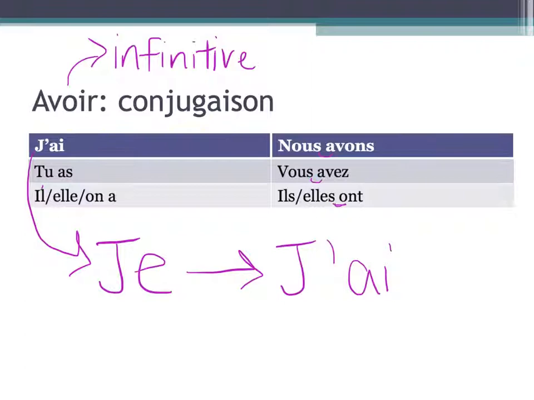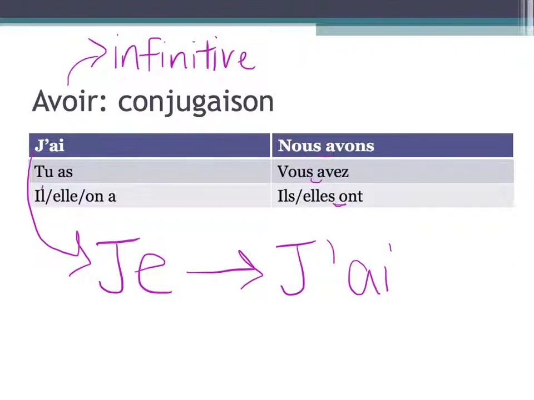First of all, this conjugation and this conjugation sound exactly the same. Of course, we don't pronounce that S. A. Then over here on the plural side, you probably have noticed that we're making a liaison. We're linking the subject to the verb.